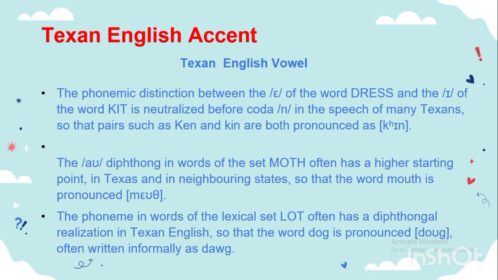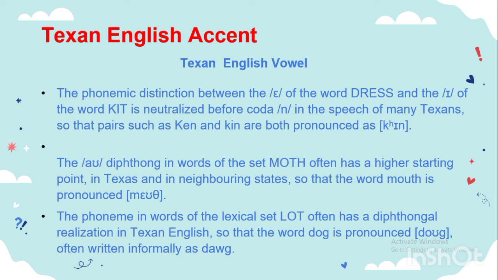The phonemic distinction between the E of the lexical set DRESS and the I of the lexical set KIT is neutralized before coda n in the speech of many Texans, so that pairs such as can and kin are both pronounced as kin. So the E phoneme has a wide variety of realizations among speakers of Texan English.